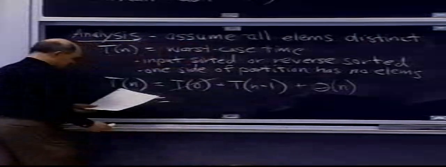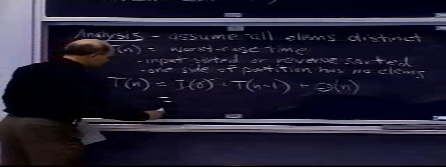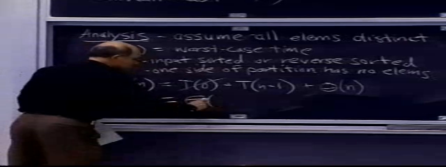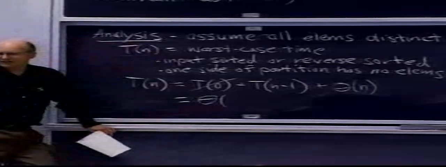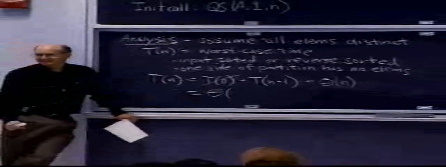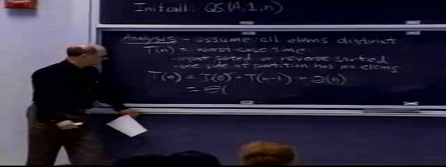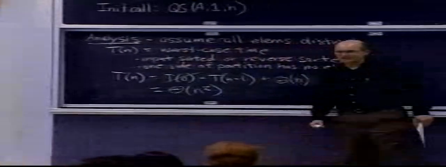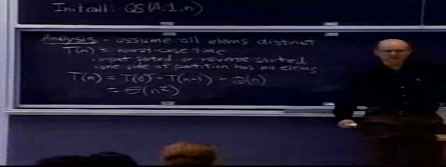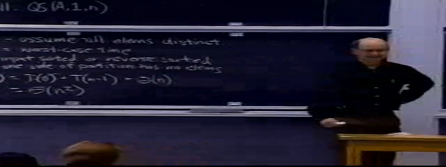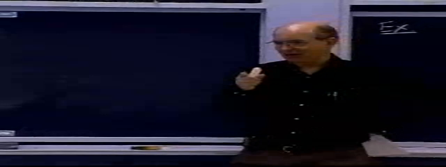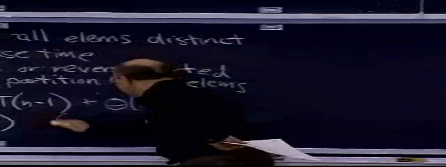What's the solution of this recurrence? Okay, these now you can do in your heads, right? Theta of n squared. Why is that? Somebody justify that for me in two words? Arithmetic series. Good.